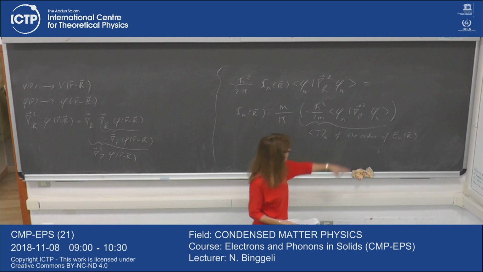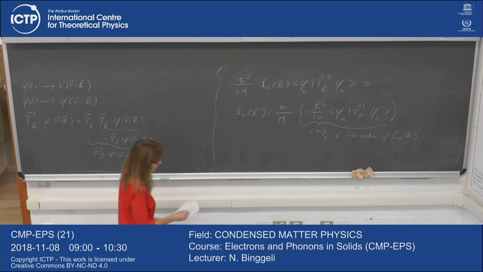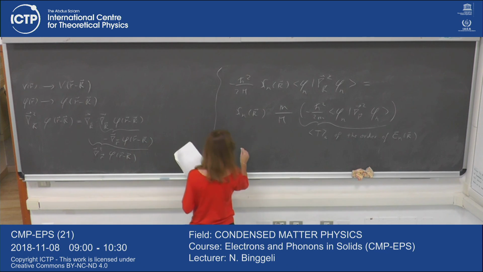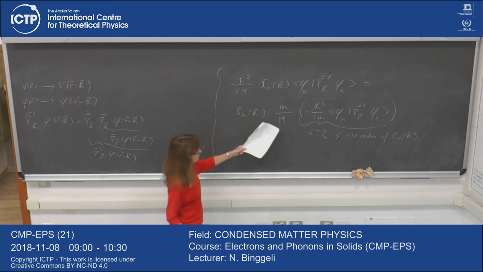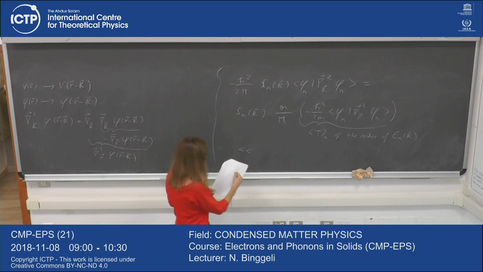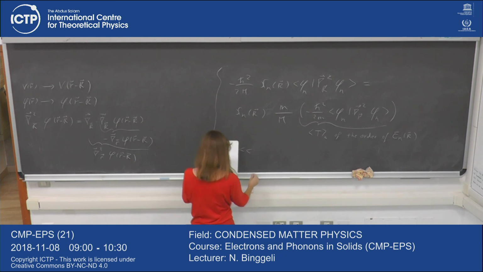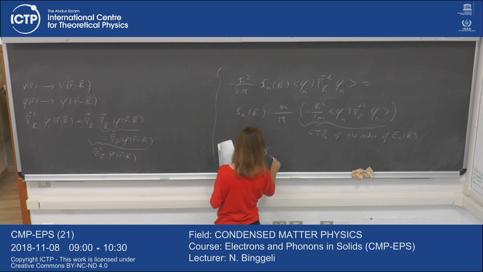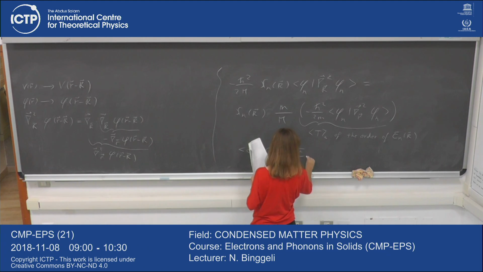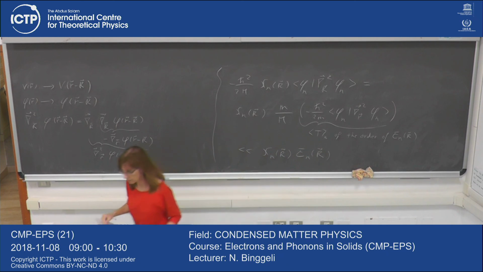So this is of the order of the eigenenergy, and therefore, because of this mass ratio here, this term is much, much smaller than Cn of R times En of R. So this is the rationale why this type of terms are so small.